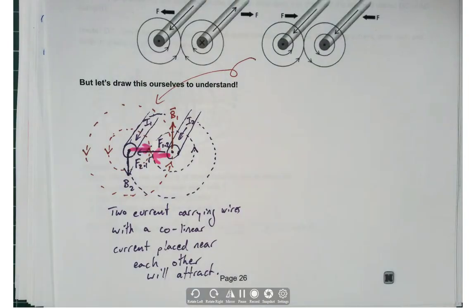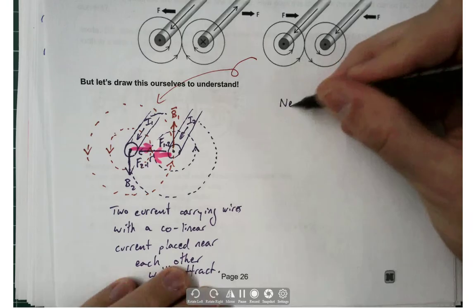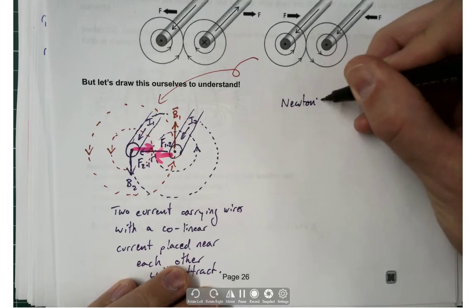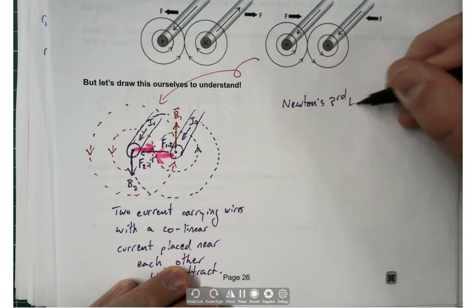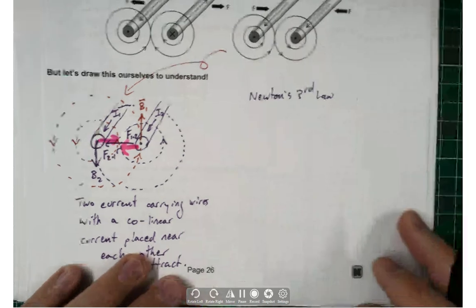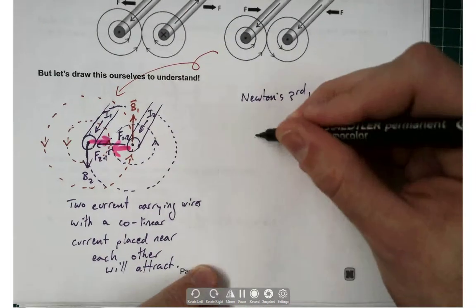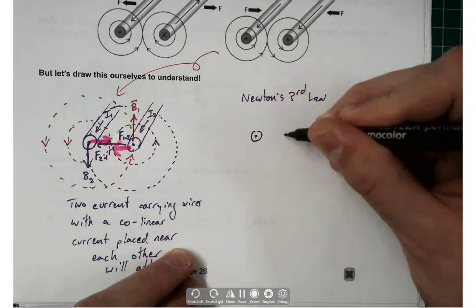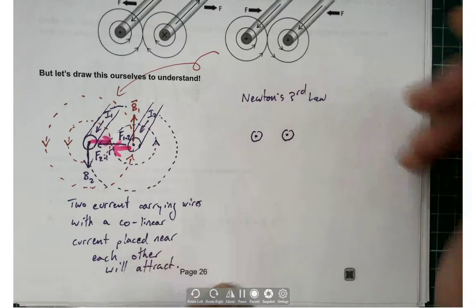All right, so if I was going to simplify the picture, let's just call this a Newton's third law picture, because that's what it is. It's Newton's third law. It's just the origin of the forces happens to be electromagnetic. We would have a current, and now I'm not trying to be too three-dimensional.